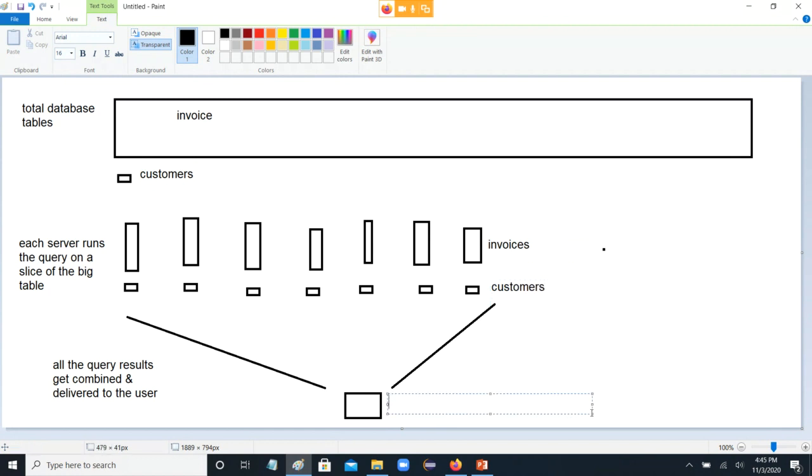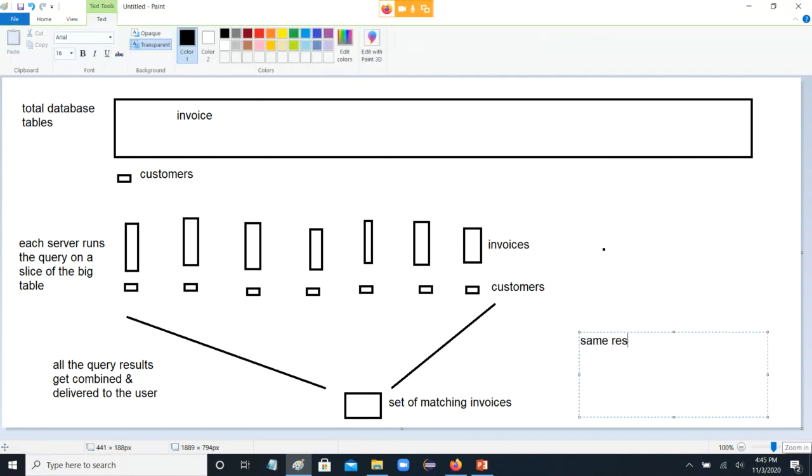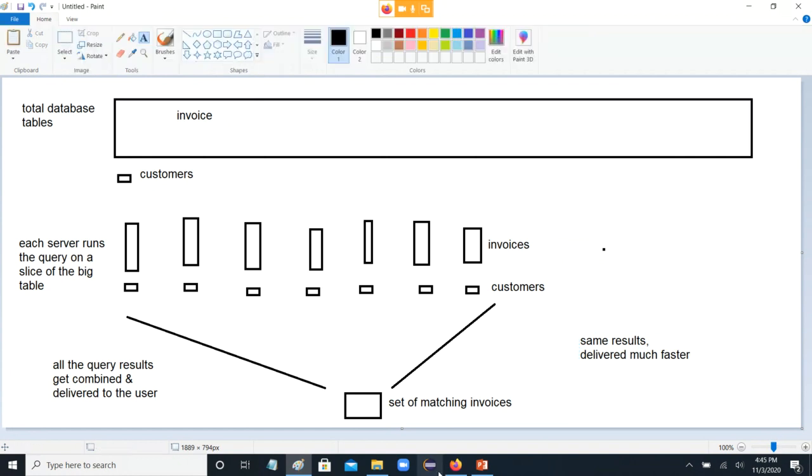And then at the end, I have a set of matching invoices delivered. Okay, and this is how you can decompose a big problem like this, break it down into smaller pieces that, if I run the query separately on each slice, the net total of results is still going to be the same as if I ran it all on this one big table on one machine. Okay, so same results delivered much faster.